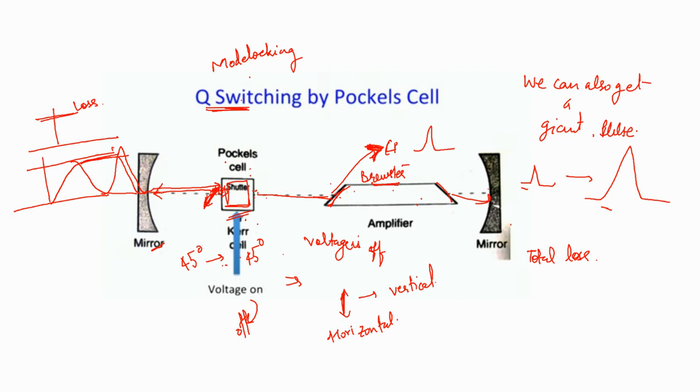Now what happens immediately when it reaches the maximum value? For your convenience, I will draw this diagram to be more clean. See, this is the situation of total loss. Slowly, when the voltage is turned off, the loss has its maximum value, but slowly the gain in the system increases because of this amplifier and the voltage turned off. Now this gain has reached the maximum value.